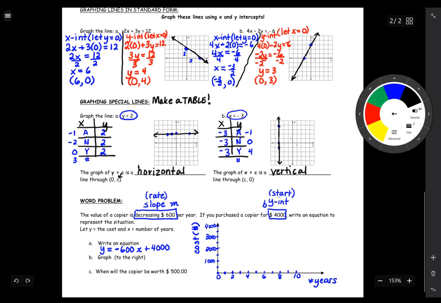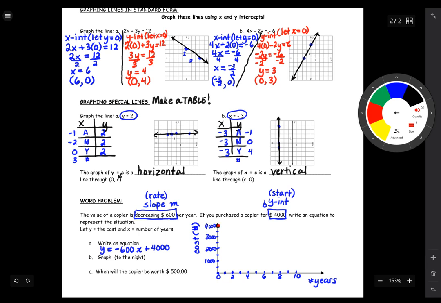So let's plot this. At the initial time, time 0, it costs $4,000. So we're going to plot a point right there. And I'll do a different color. There we go. And then in the first year after, we said that it would decrease by 600. So 4,000 minus 600 is 3,400. So almost right there.